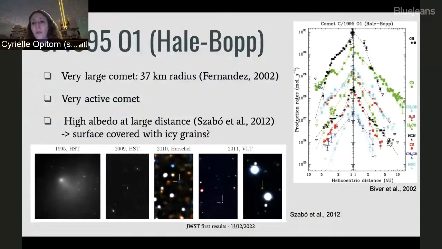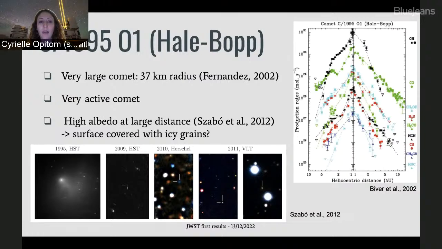For a target, we selected comet C/1995 O1 Hale-Bopp. Some of you might remember Hale-Bopp. It was an extremely bright comet visible to the naked eye in around 1996. One of the reasons Hale-Bopp was so bright is that it's a relatively big comet. Fernandez et al. estimated the radius of comet Hale-Bopp at around 37 kilometers, compared to more typical comets that usually don't go much above 10 kilometers.